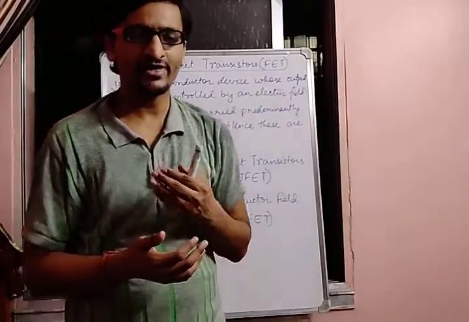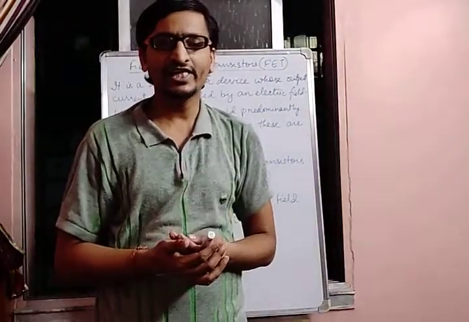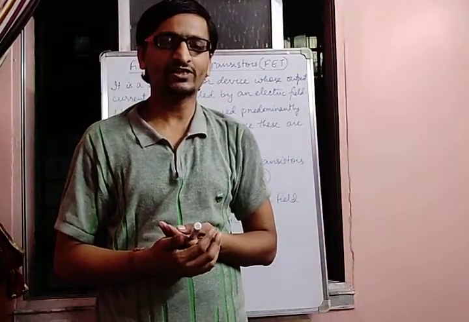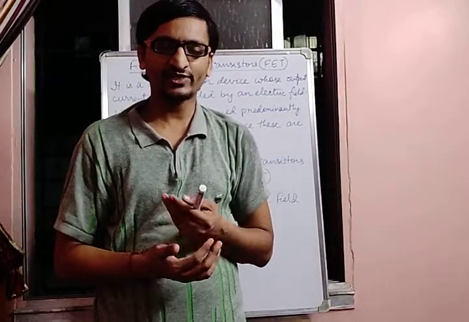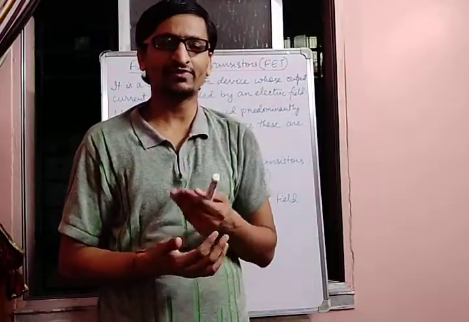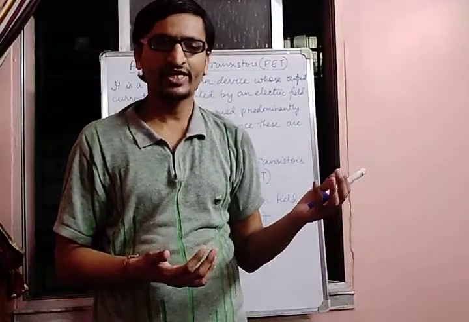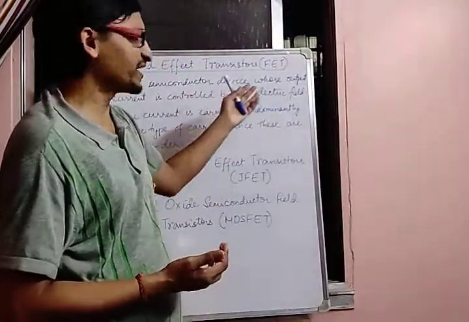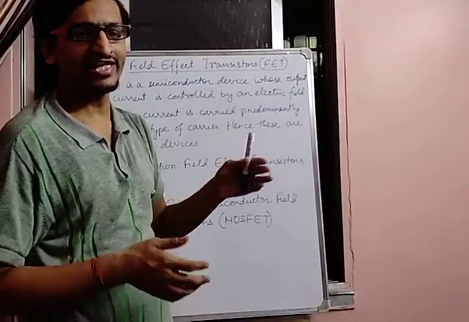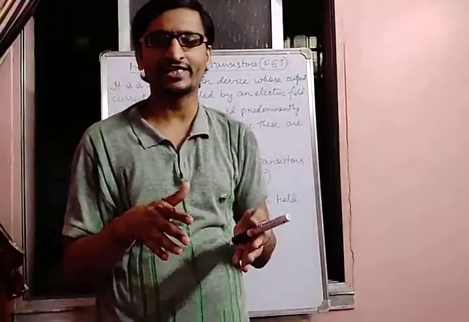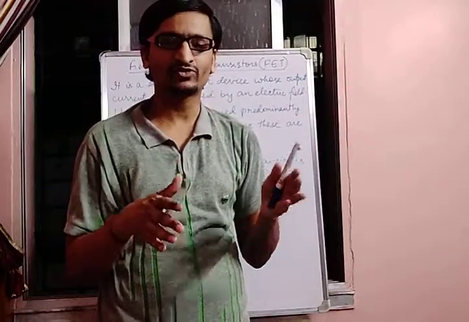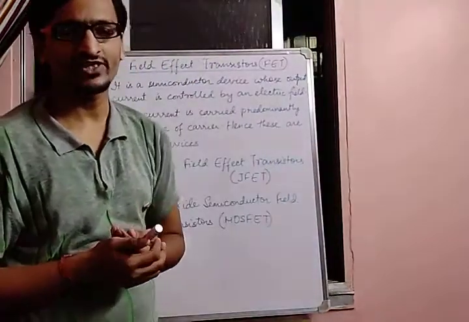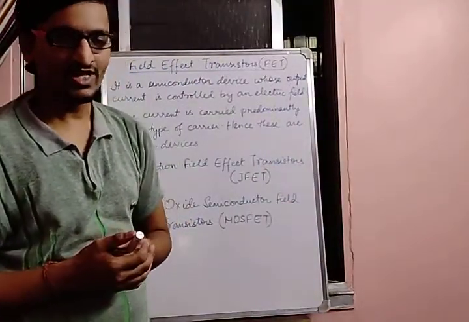This is one of the major differences between a BJT and a FET. In a BJT, the output current was a function of another current. Here, the output current is controlled by an electric field, created by applying a voltage. So field effect transistors are voltage control devices.